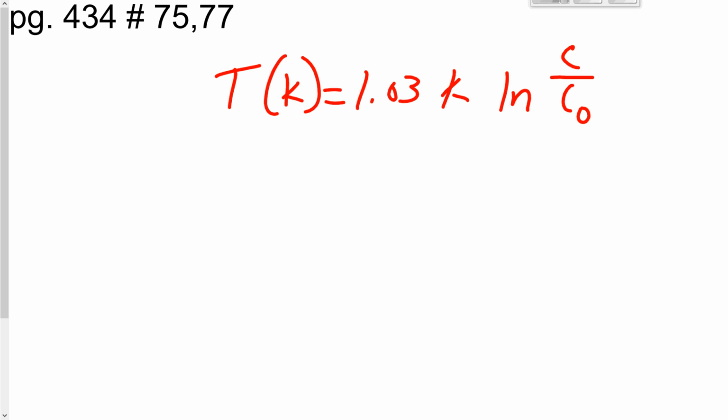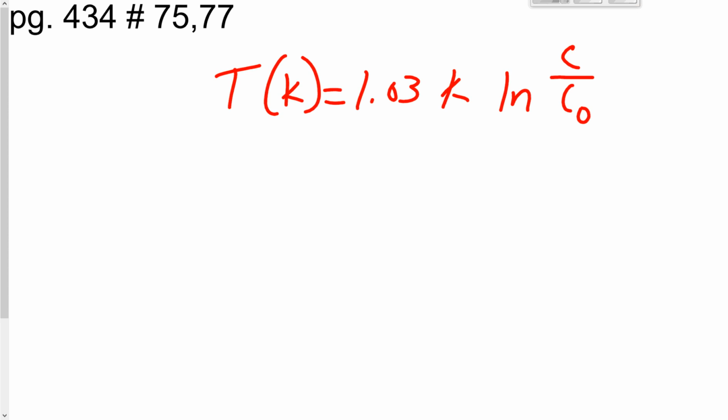So here we have that same formula, right? And we want to find the average global temperature increase. Okay, and they say when C is doubled, so when our current carbon dioxide levels double that of our initial pre-industrial carbon dioxide levels, what is our K?